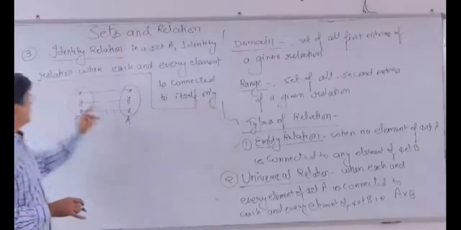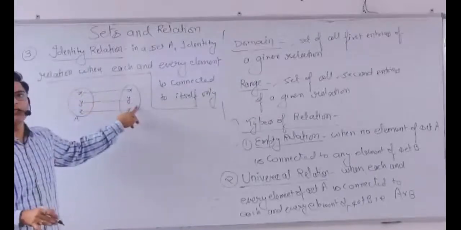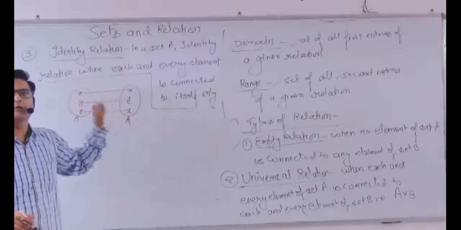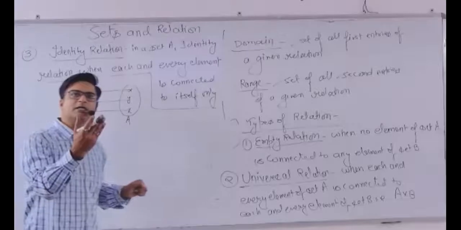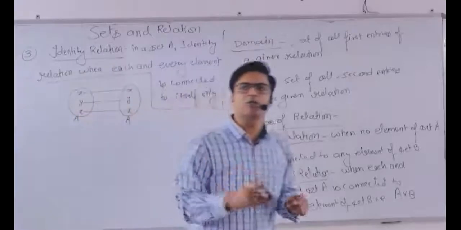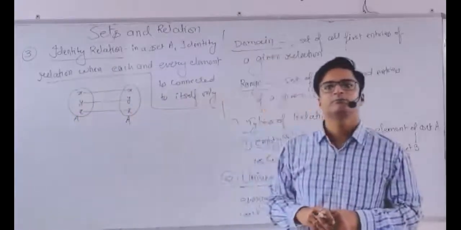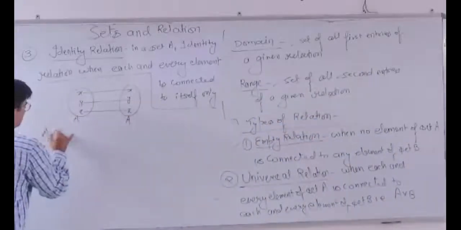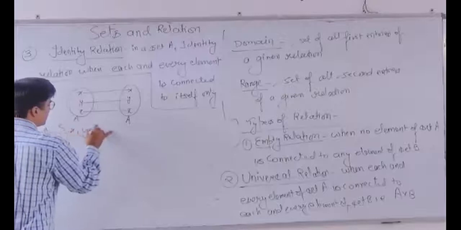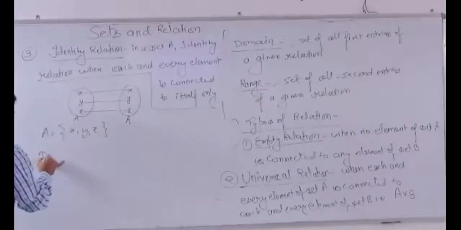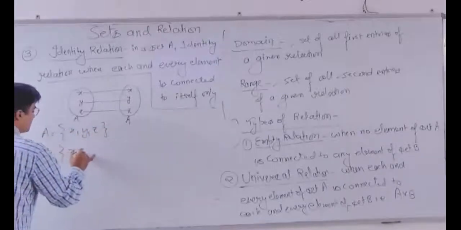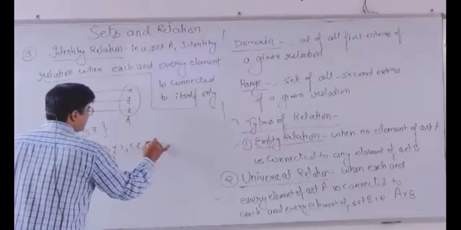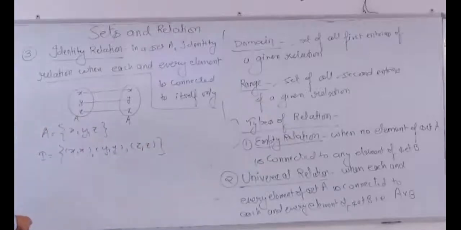That means X can never be connected to Y. X can never be connected with Z. Y can never be connected with X. Y can never be connected with Z. Similarly, Z cannot be connected with X or Y. So identity relation is basically defined by X comma X, Y comma Y, Z comma Z.